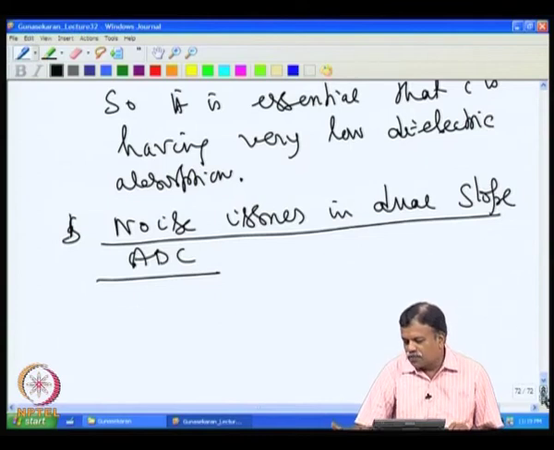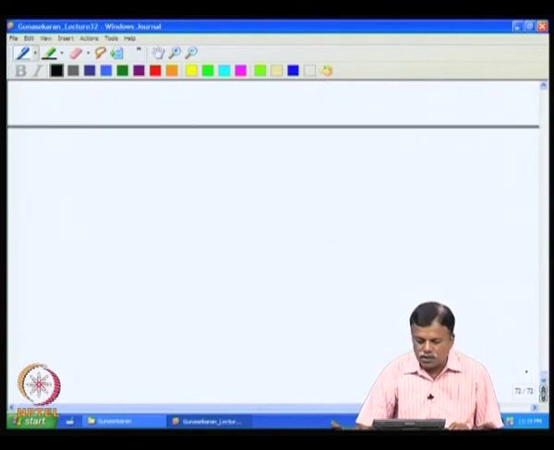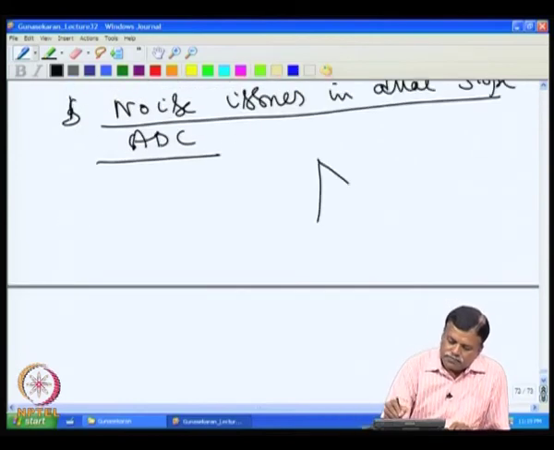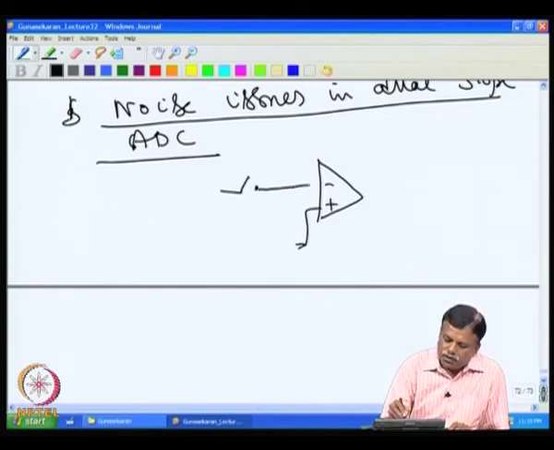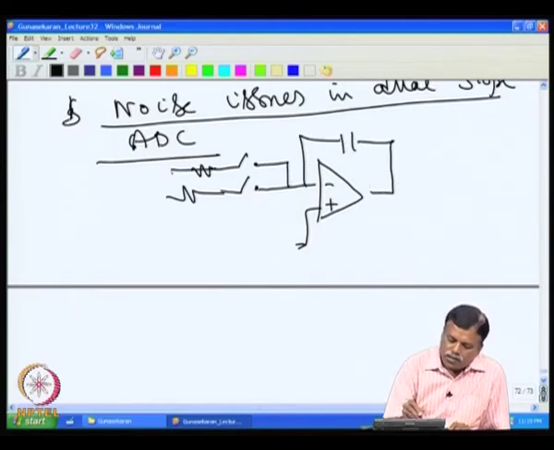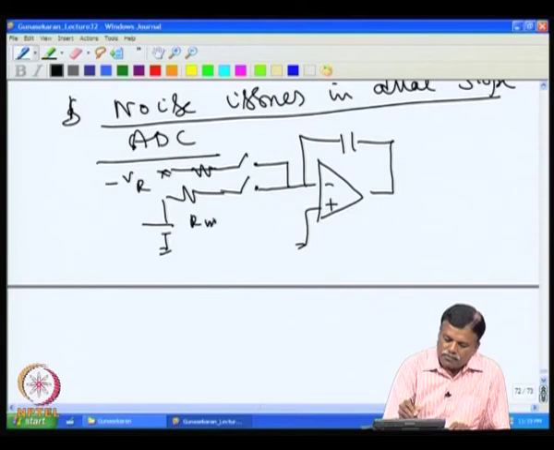This is because if you see our circuit, we have input coming through a resistance and then a switch, and then you have a capacitor C. Assume this is V reference, minus V reference, and this is the input R input.